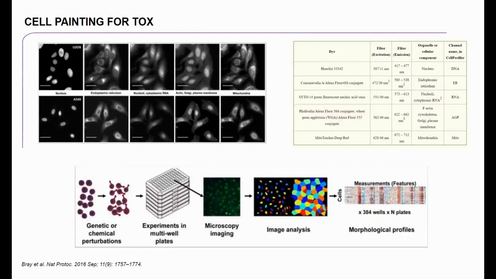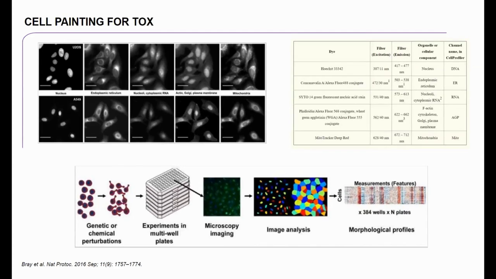So if you remember back to that DNA relay F-actin assay, we saw that you could use the same assay for toxicity in hepatocytes or toxicity in kidney cells. And even though it was the same assay, we could see that different features were actually most important for the different types of toxicity.